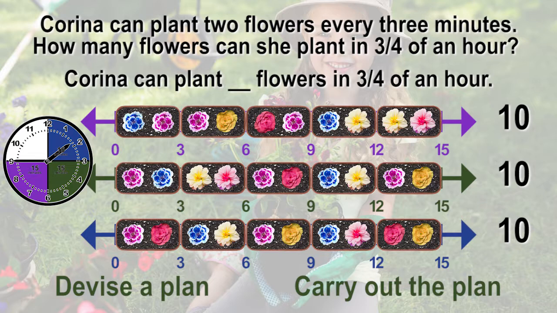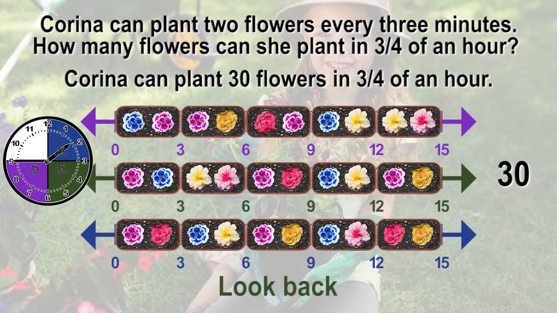So we can see 3 groups of 10 for a total of 30. Karina can plant 30 flowers in 3/4 of an hour. Does the answer make sense? If 10 flowers can be planted in 15 minutes, then 3 groups of 10 flowers can be planted in 3/4 of an hour, for 3 times 10, which equals 30 flowers.